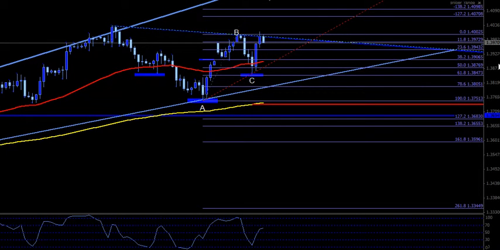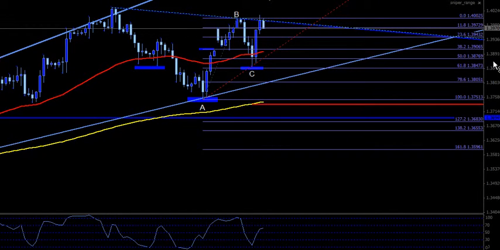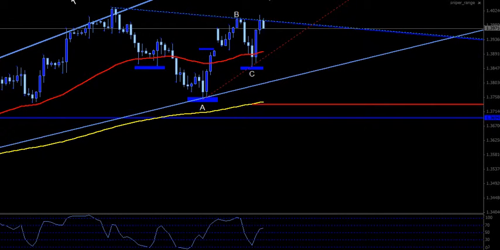Okay. That's not to say price won't come down and test the 4-hour 50 or something like that, because we know that's possible. And if we drill down to the smaller time frames, we'll be able to see things a little more clearly that way. So now that we have the ABC to the upside on this 4-hour chart, let's go ahead, since we have C, and find the target.